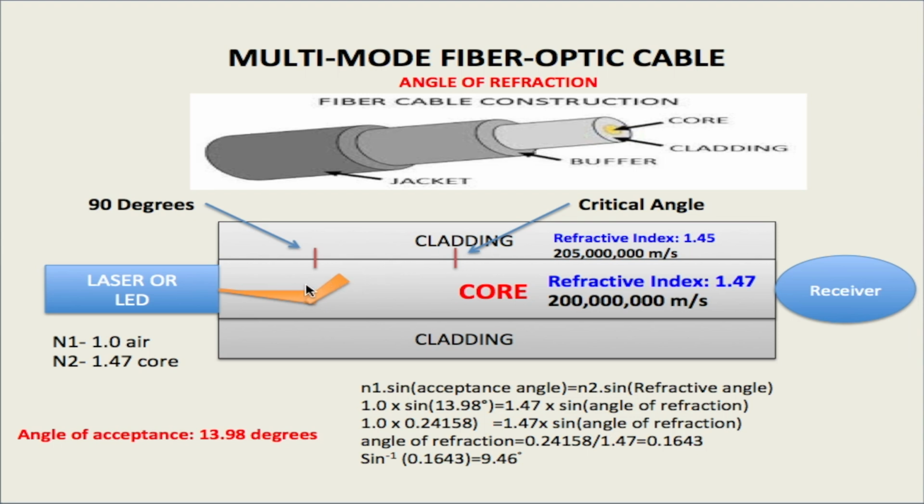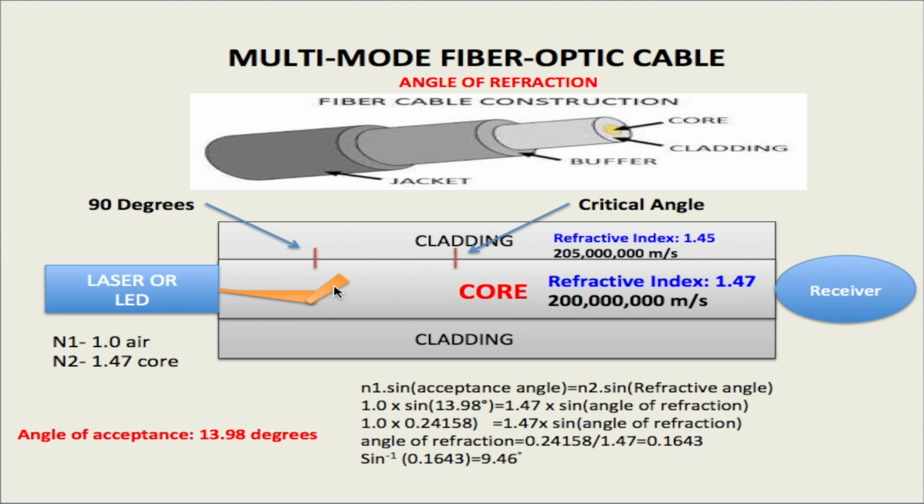If it comes into the cladding at an angle which is greater than 90 degrees, the light is going to go right through the cladding and be lost forever. If it goes in at an angle that is less than the critical angle, which is right somewhere up here, the light will be trapped within the cladding. So it's important for it to be in between these areas here.